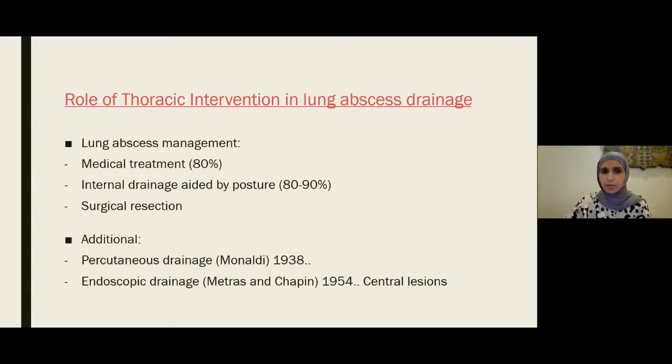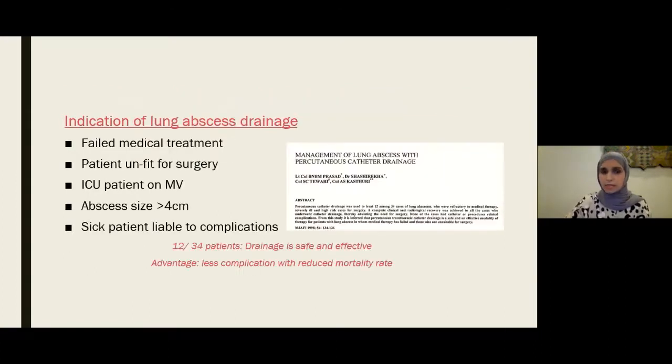Review articles suggested that lung abscess can be drained under certain indications: failed medical treatment, patient unfit for surgery, or patient in the ICU on mechanical ventilation, and when the abscess size is more than 3 centimeters, then we can drain it by a catheter.